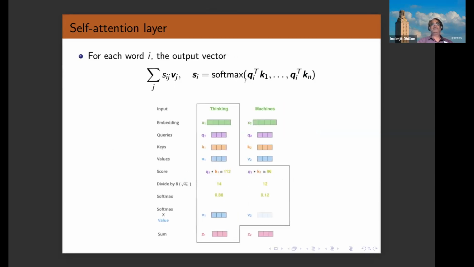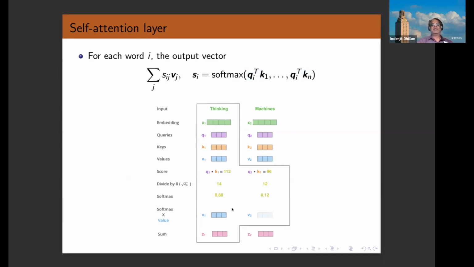And what you then do is you take a softmax. There's a little bit of normalization that takes place, so you can divide by some factor which depends upon the dimensionality.